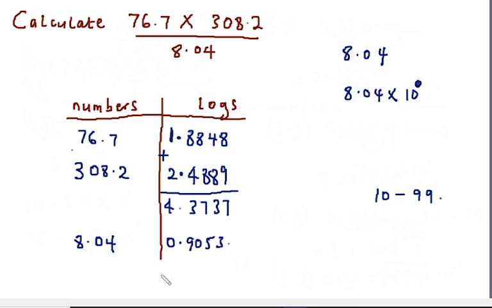And then from here, we know that the numerator is divided by the denominator. So in the log side, this is negative. So we subtract this number from this number. When we do that, we get 7 minus 3 is 4. 3 minus 5, that cannot happen. So we move 1 here.